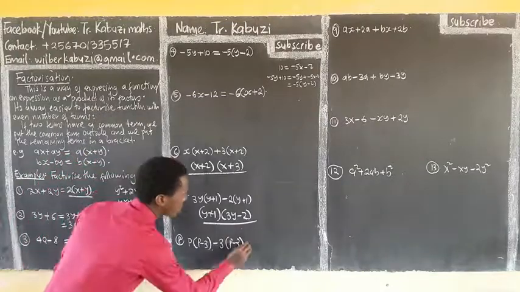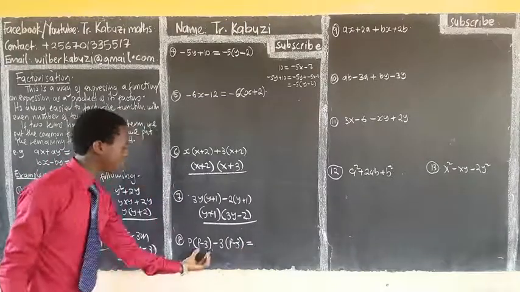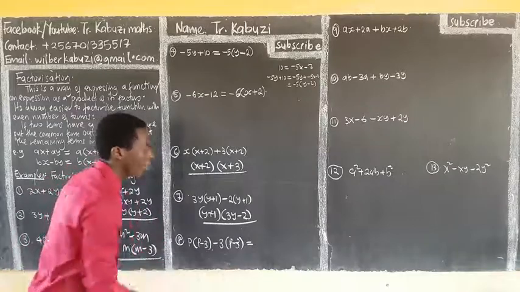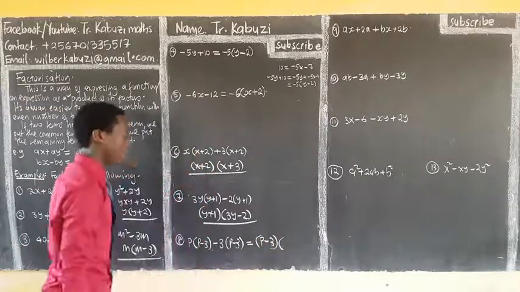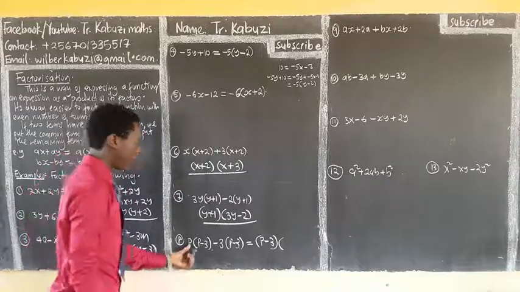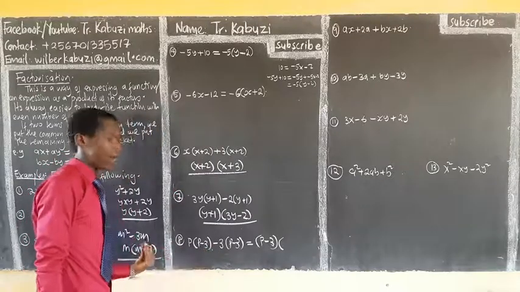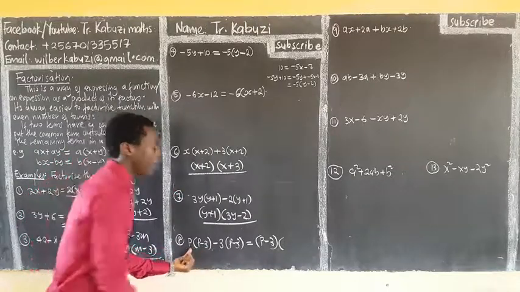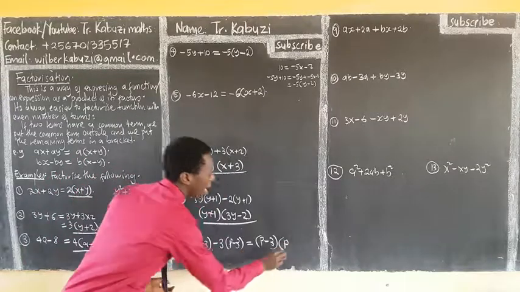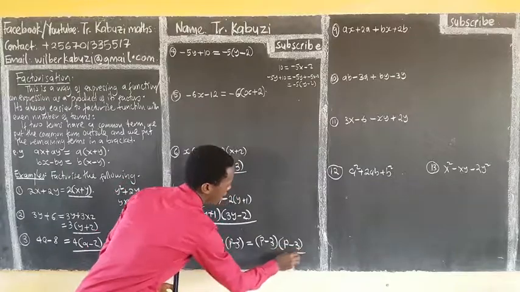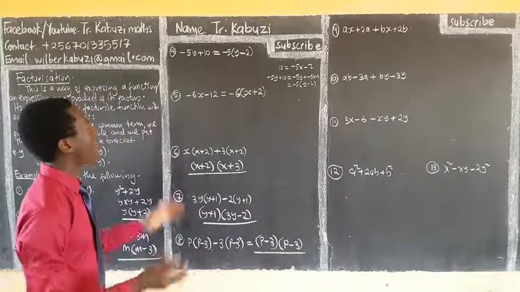When I come to this, what is common is this and this. When I remove p minus 3, here I remain with p, and here I remain with a negative 3. As simple as that. We have factorized.